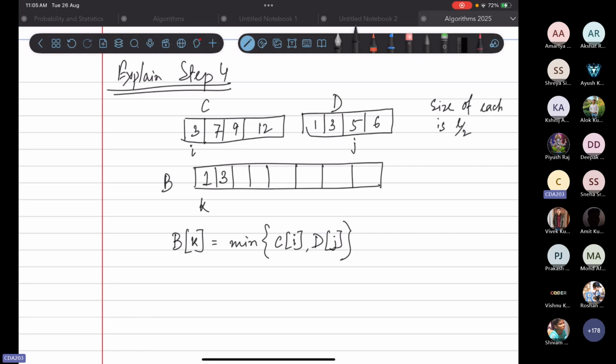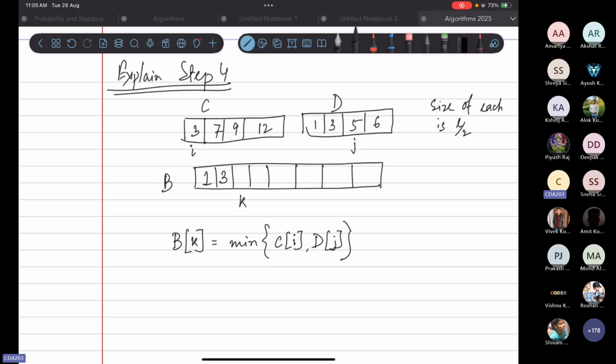Next comparison, minimum of C1 and D2. So it's the same as minimum of CI and DJ, right? Correct. Oh, sorry, by the way, I have to keep incrementing this K as well, so that I can always write BK is equal to minimum of CI and DJ.